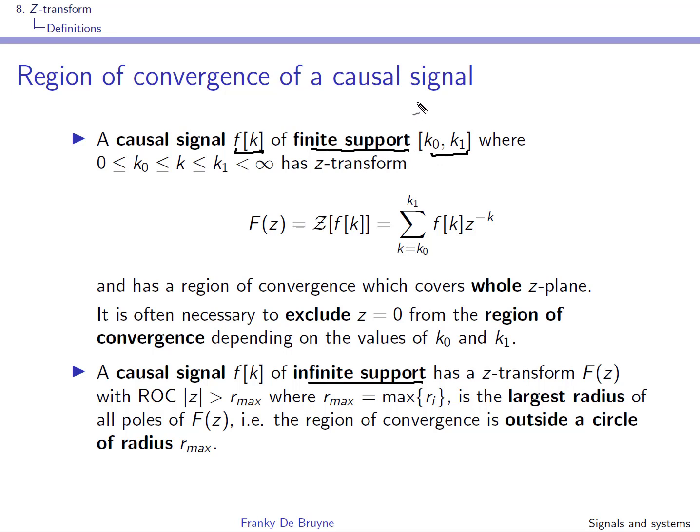Since we're considering causal signals, k0 of course is larger or equal to 0, and we'll assume of course also that k1 is larger or equal to k0.